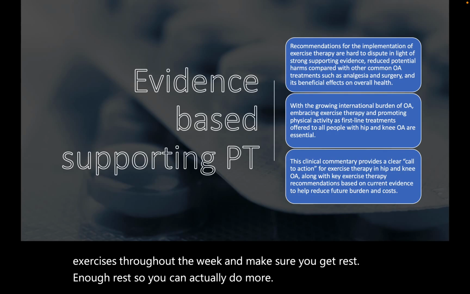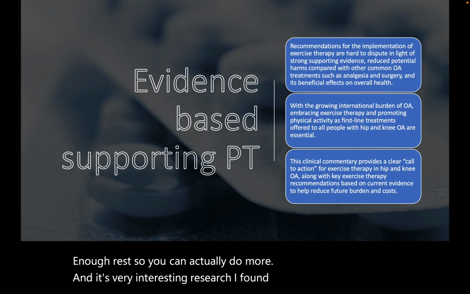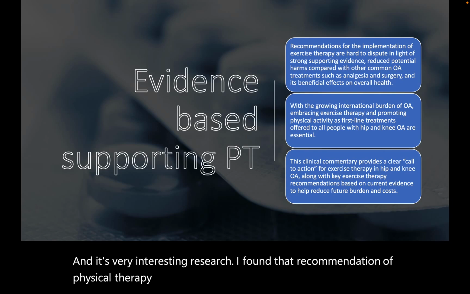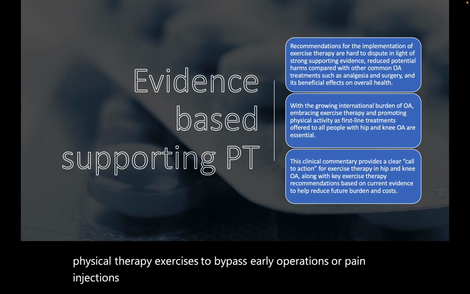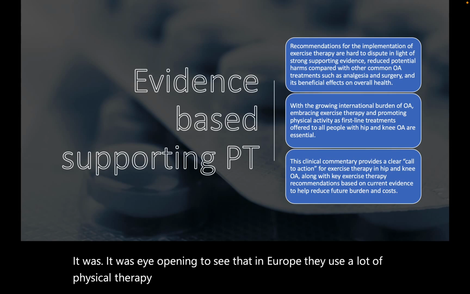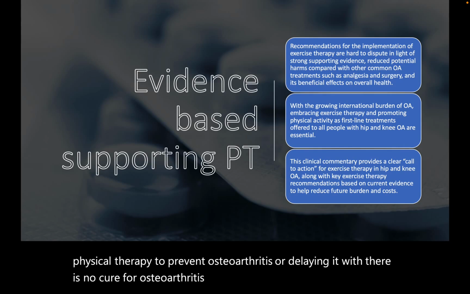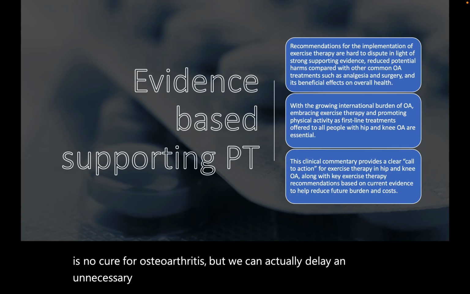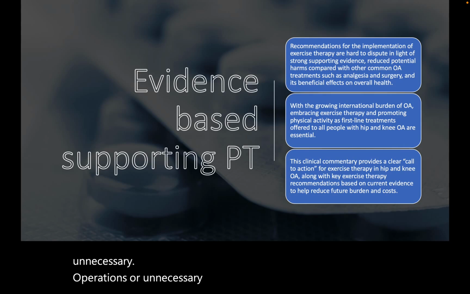And in this very interesting research, I found a recommendation of physical therapy exercises to bypass early operations or pain injections. It was eye-opening to see that in Europe they use a lot of physical therapy to prevent osteoarthritis or delay it. There is no cure for osteoarthritis, but we can actually delay unnecessary operations or unnecessary injections with those patients.